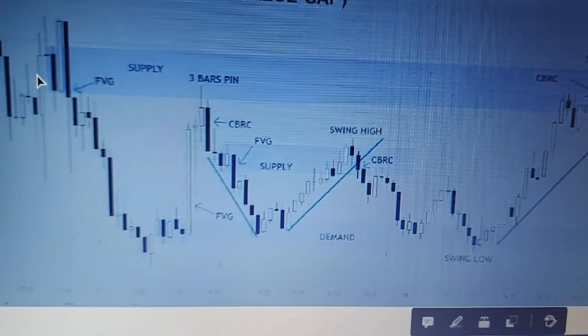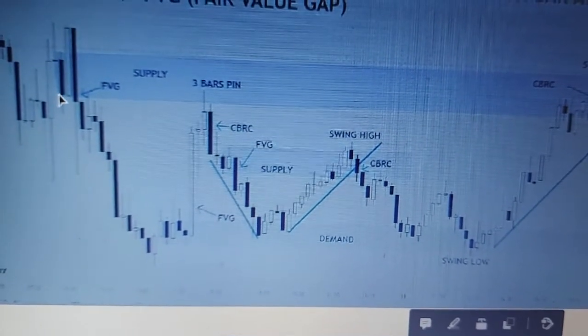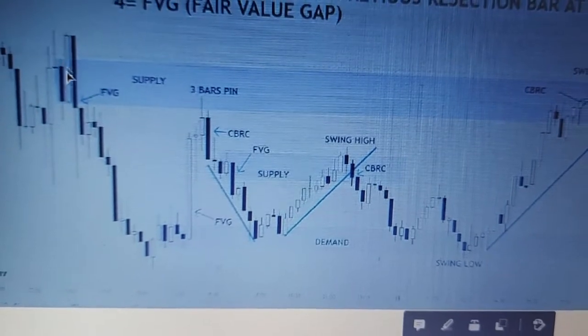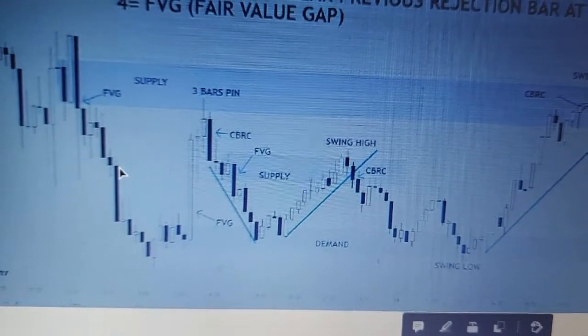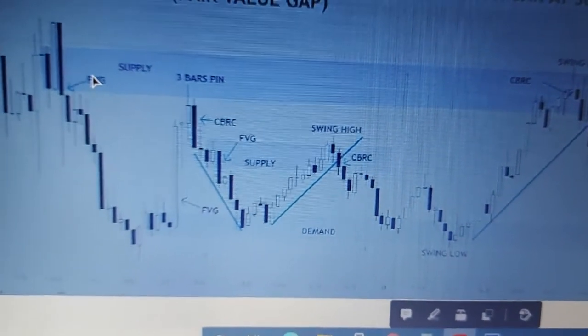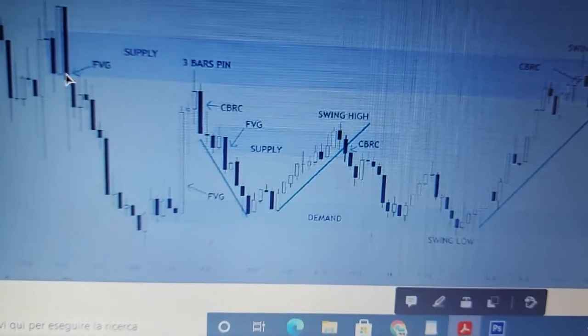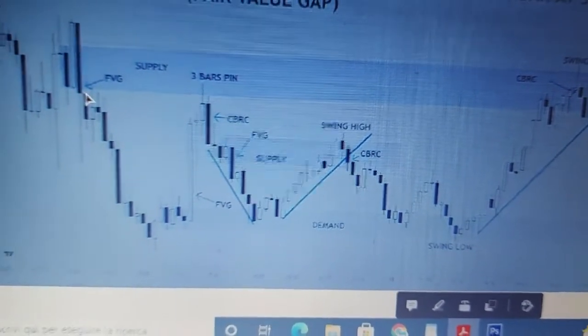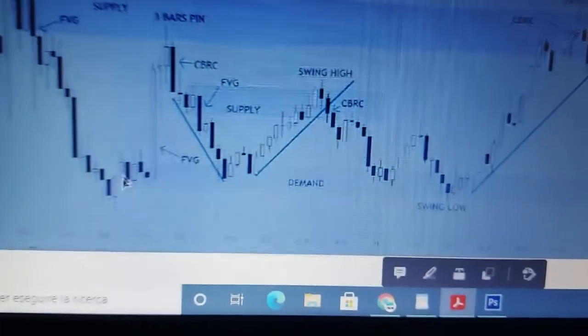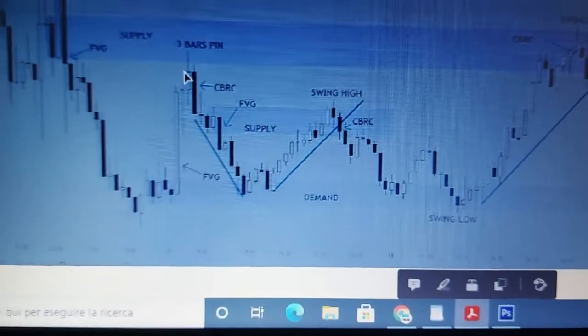I made this selection because the price just stayed here for some time and then made a move. That caught my eye and I got interested in this zone. There we found a small fair value gap area, and when the price came down, it made a good move to the upside.